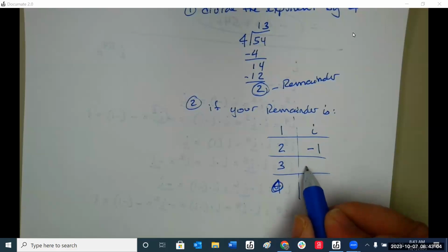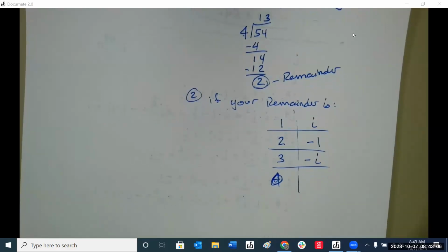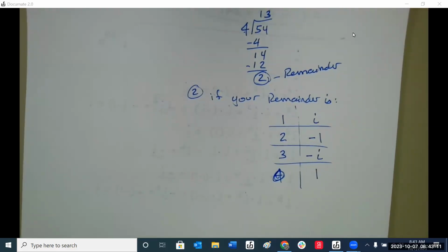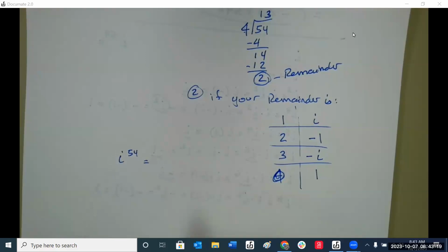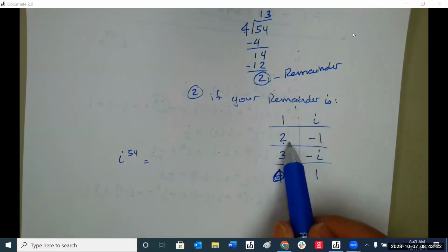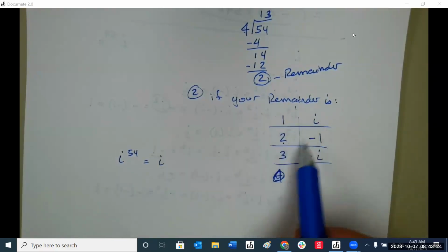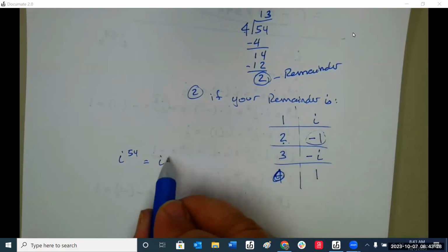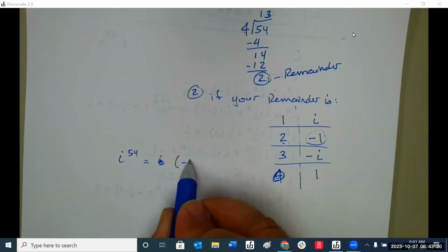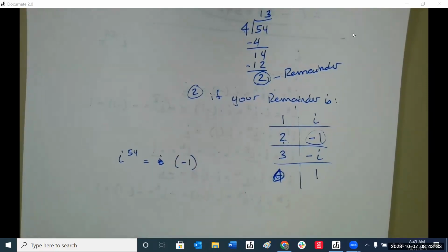If the remainder is 3, it's -i. And if it's 0, it's +1. So for our example, i to the 54, the remainder is 2. So instead of an i, we have a -1. That's what it equals.